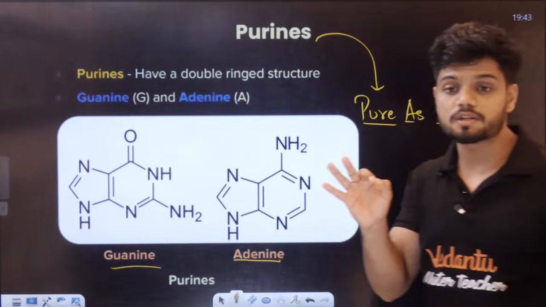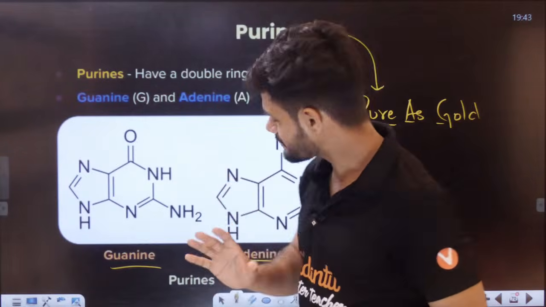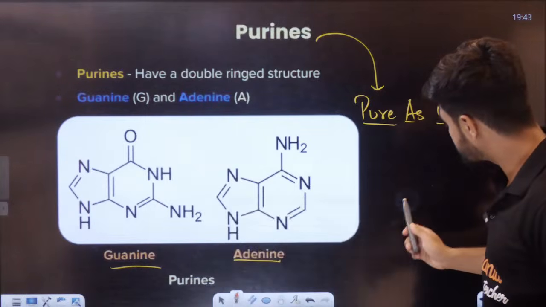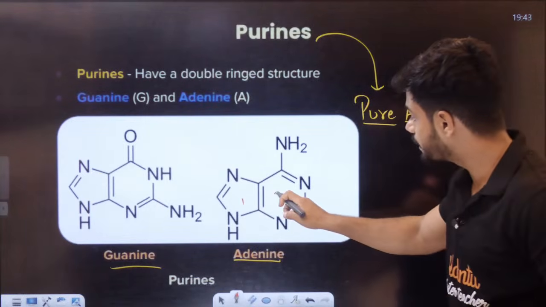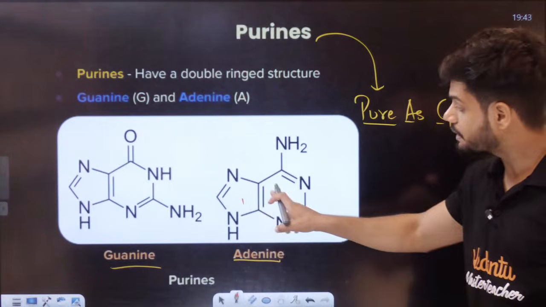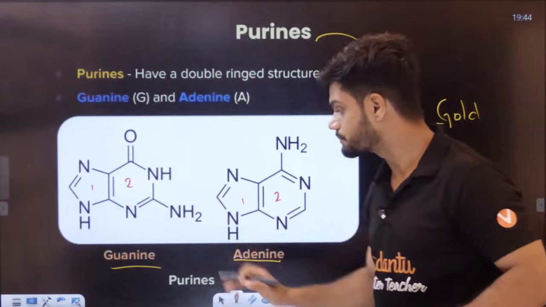Now, students, please remember one small thing: purines are always double ring structure.